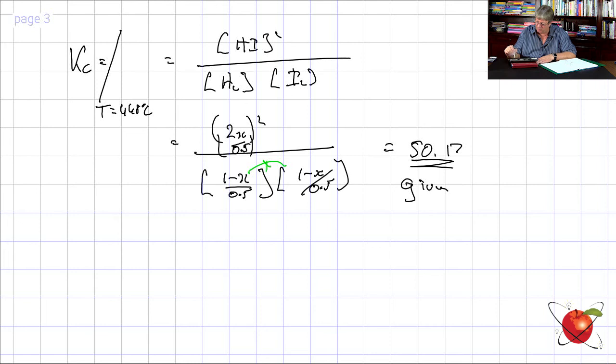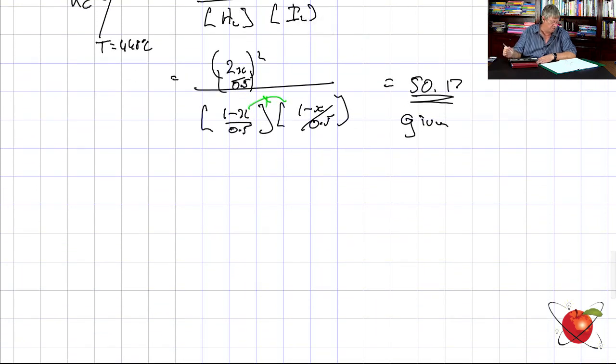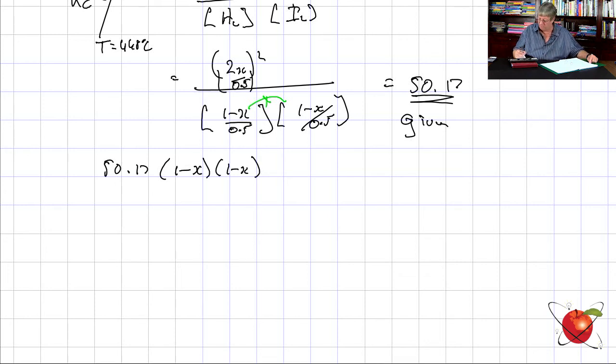Let me move it up a bit, and where we end up is 50.17 times 1 minus x, because the 0.25s cancel. Because it's 0.5 squared, and 0.5 times 0.5 is the same, it's going to cancel out, and is equal to 4x squared.